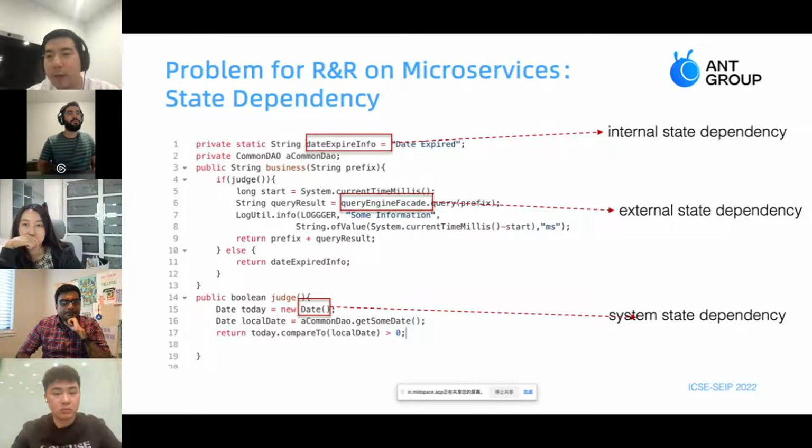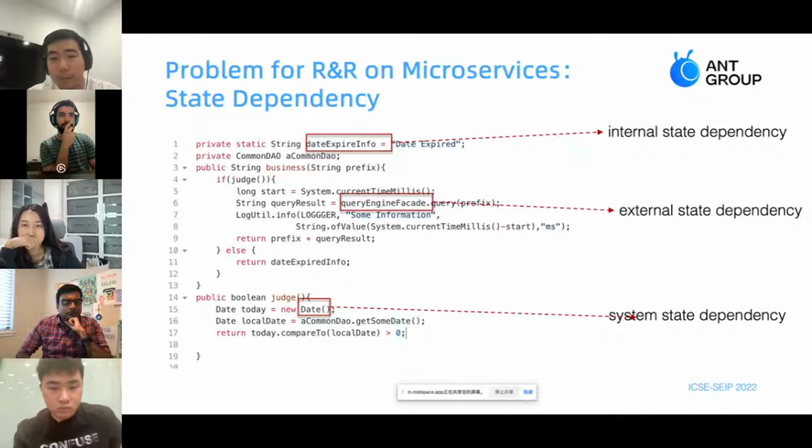The other is the external state dependency, because in microservices, sometimes you can call other microservices. You can access all resources outside the application itself, like a remote procedure call. Such calls can also be different in the online and offline environment.